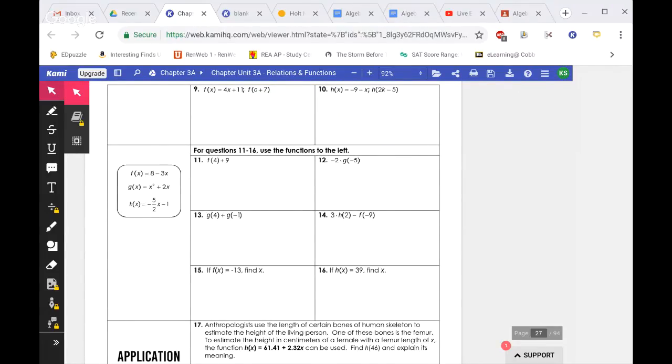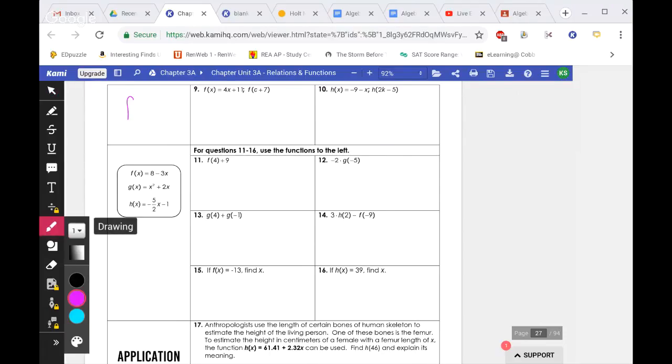Basically what it's asking us to do is to plug in the value of c plus 7 anywhere where there's an x. Because I write so big, I'm going to start over here. So f of x, or f of c plus 7, or the function defined at the value c plus 7, would look like this.